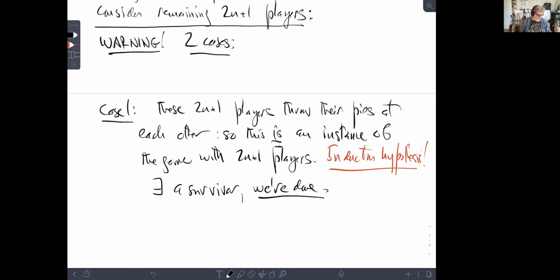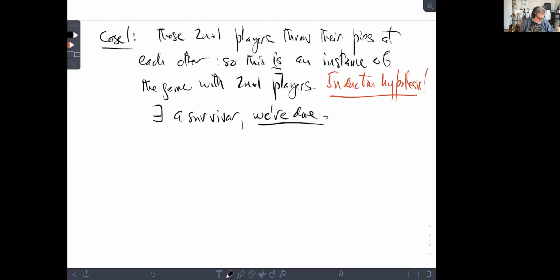So what's the other case? And this is where, when you were talking about a domino effect, I think you had a really good intuition. Overall, you had a very good intuition. Case 2 means some pie from those 2n+1 players goes to those two first players.